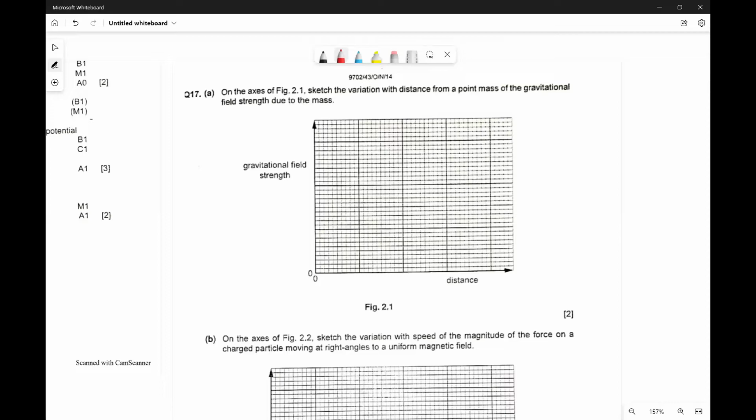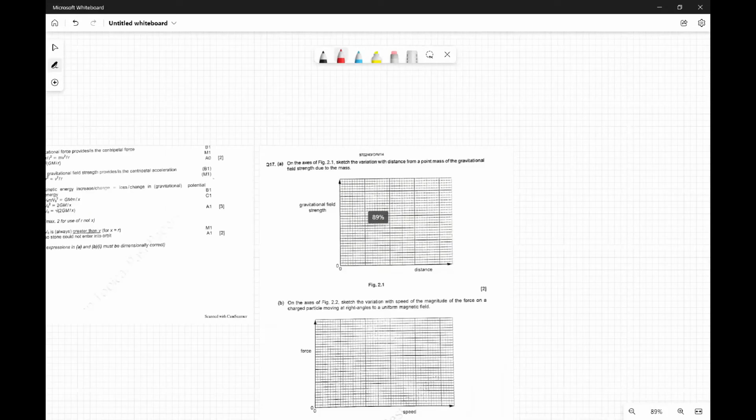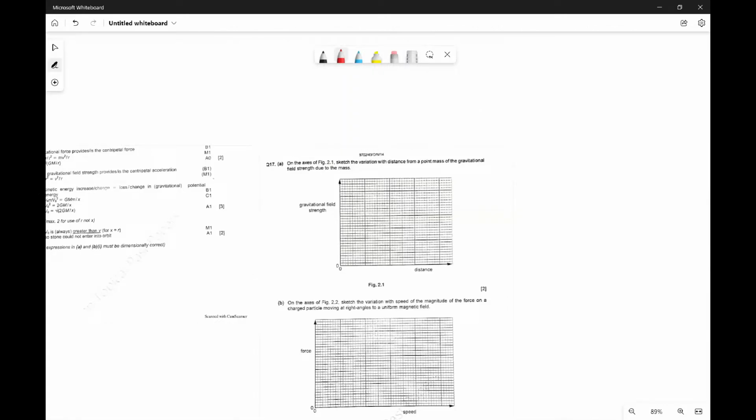So can you tell me the formula for gravitational field strength? We did the formula. Yeah, it's GM over r square. So gravitational field strength g is GM over r square.